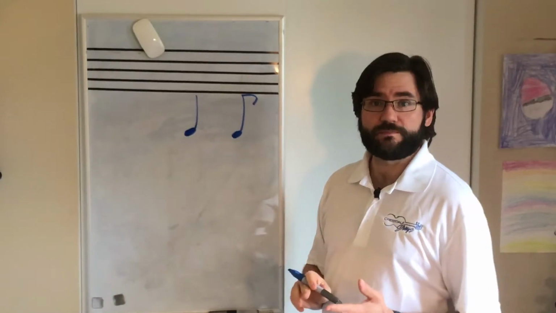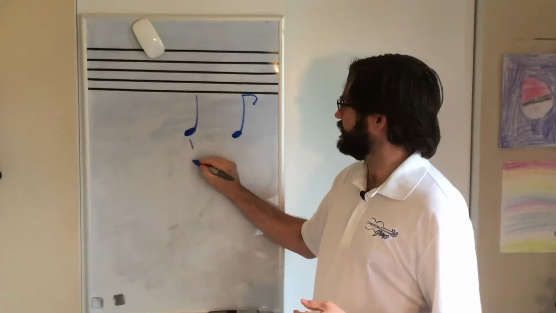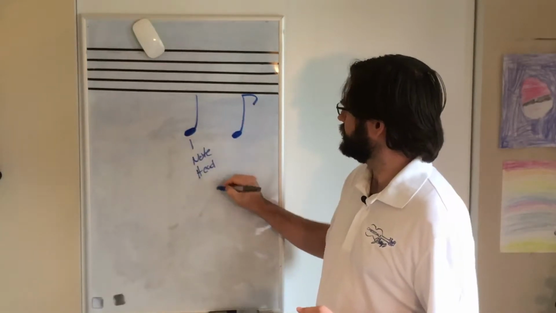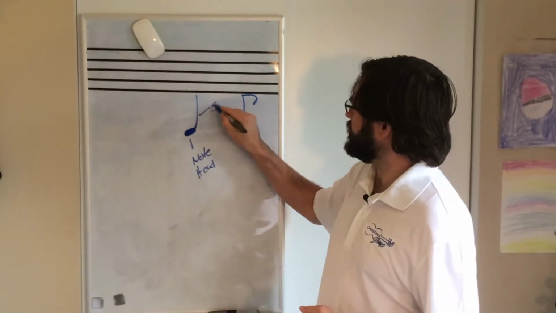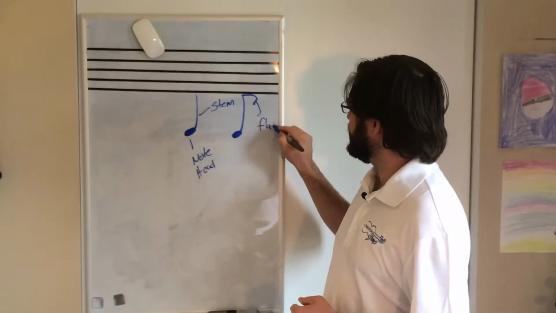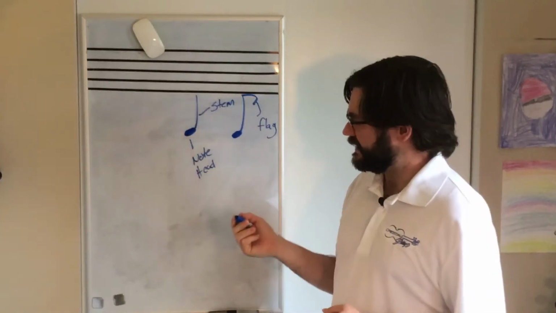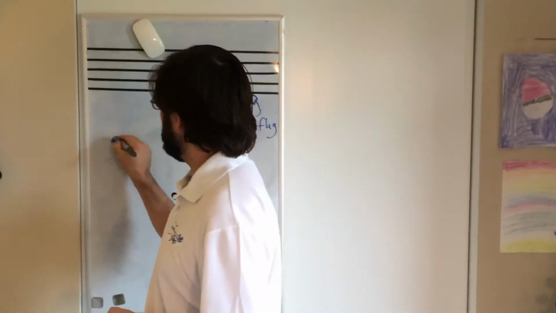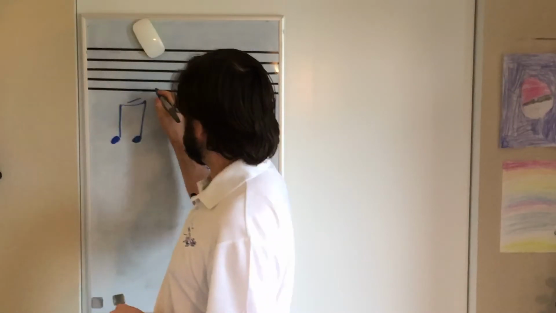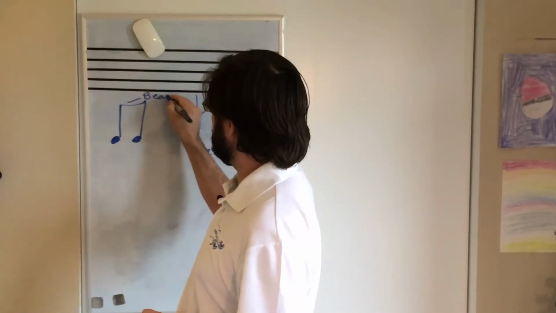This oval part of a note is called the note head. The line is called the stem. This is called the flag if you need one. And if you have multiple of those type of notes or others, you may have a beam.